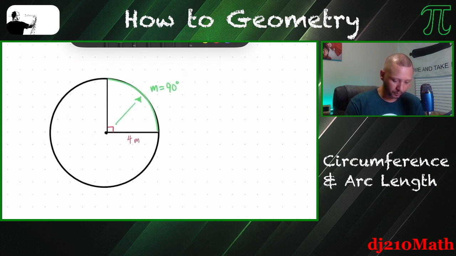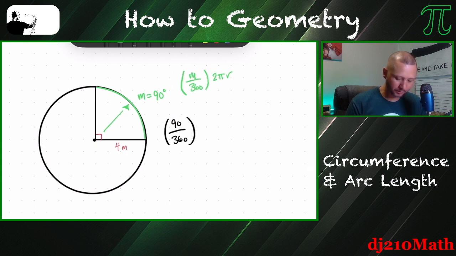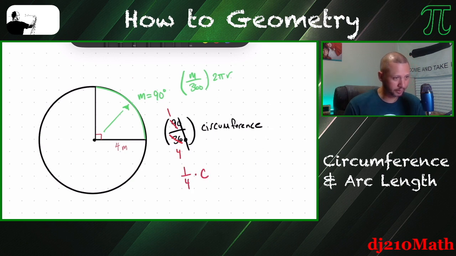So plugging into the formula, we're going to get 90 divided by 360 times the circumference. Simplifying the fraction, 9 goes into 9 once. 9 goes into 36 4 times. So 1/4, we'll just call it C for circumference.